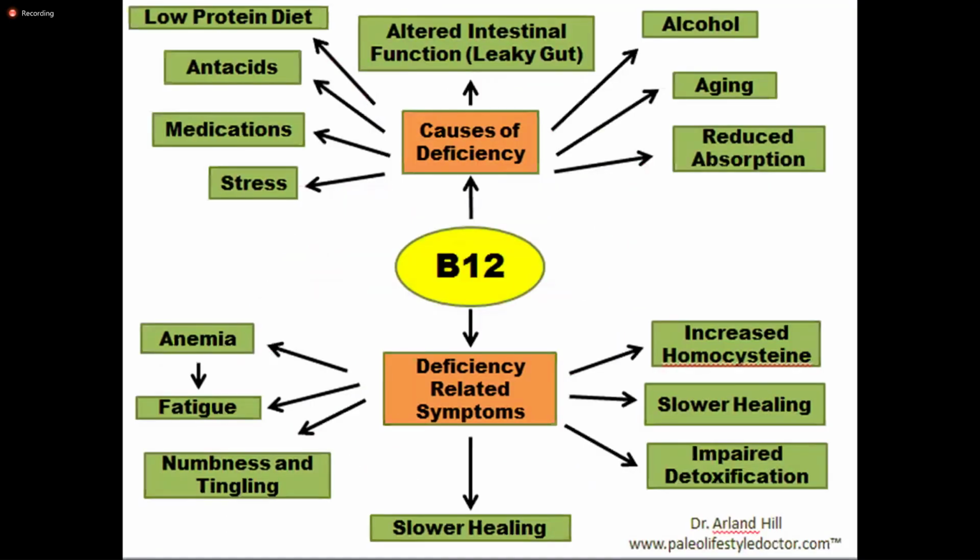So you see the vitamin B12 in the center, and the causes of deficiency. What are the causes of deficiency of vitamin B12? The most important causes are aging, reduced absorption, leaky gut, alcoholism, sometimes stress, medicines like antacids, and a low protein diet.